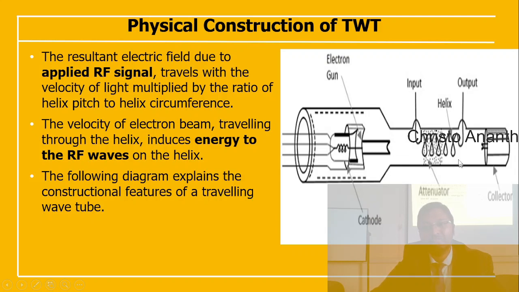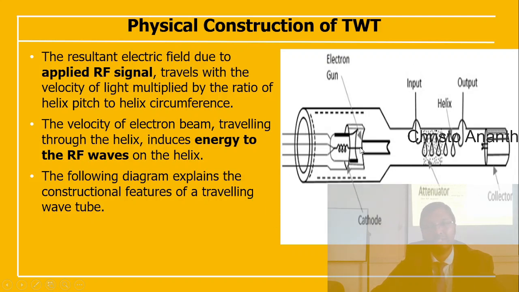This is the input that is passed through the very slow wave structure. This is the attenuator, and this is the collector to collect the signals. The velocity of the electron beam traveling through the helix induces energy to the RF waves on that helix.